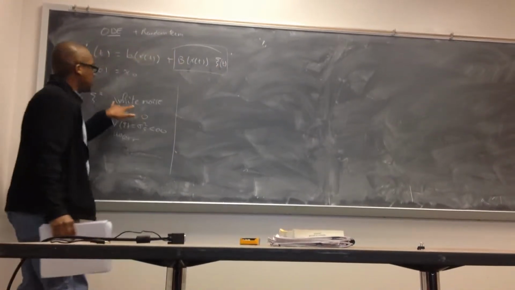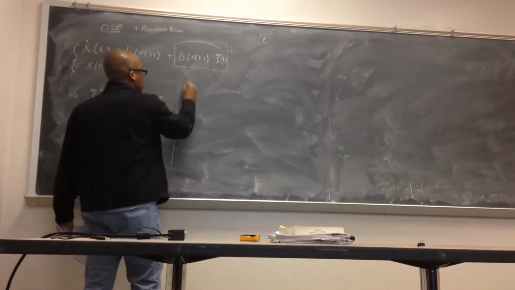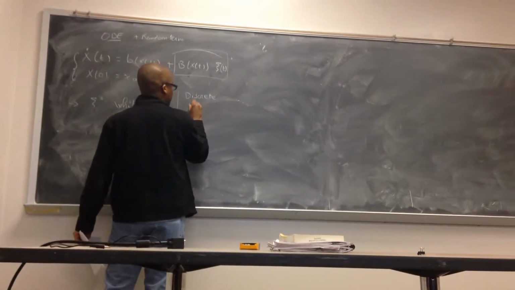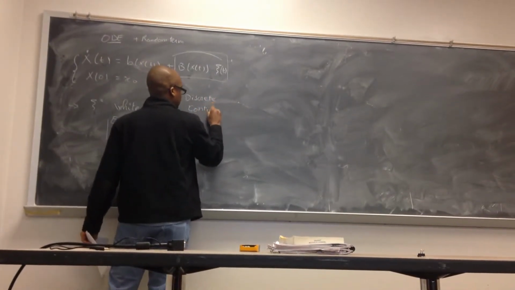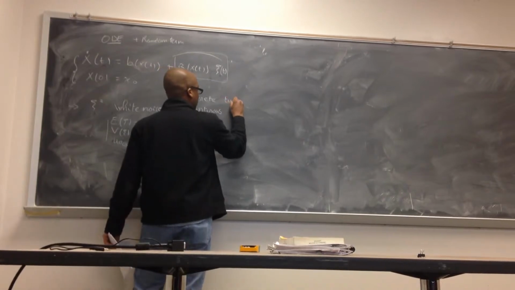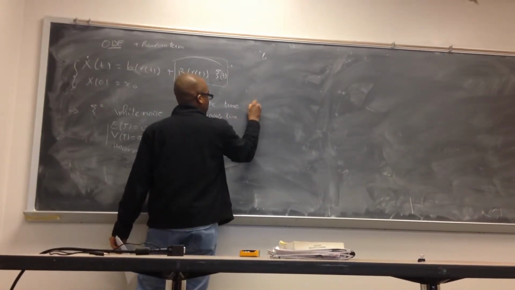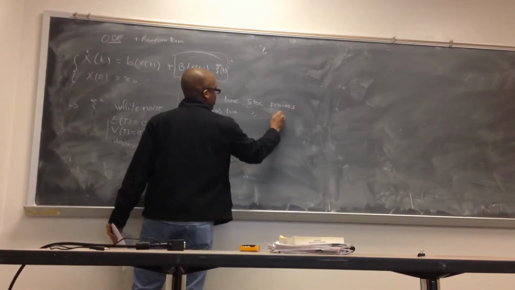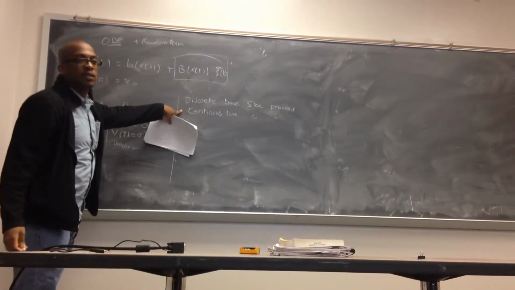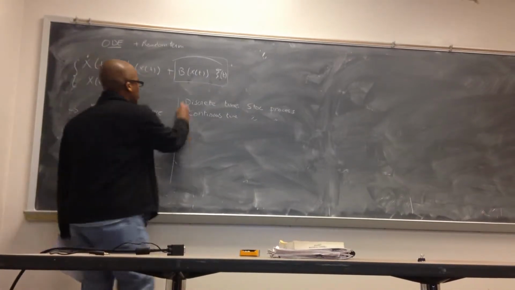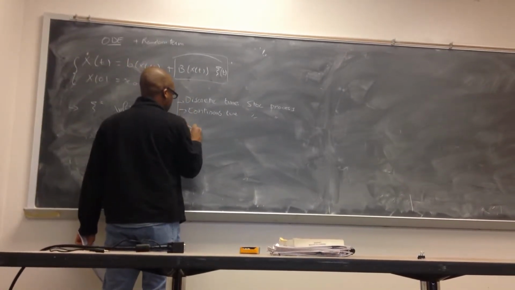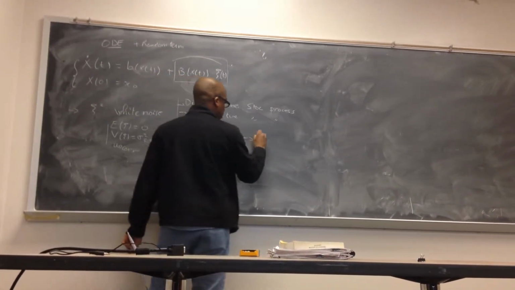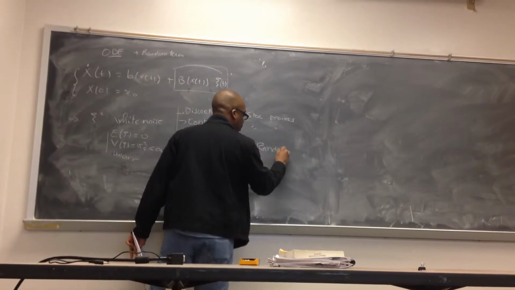So to specify this, we said we have generally two kinds of stochastic processes: discrete time and continuous time stochastic processes. The discrete time one that we saw last week was the random walk.